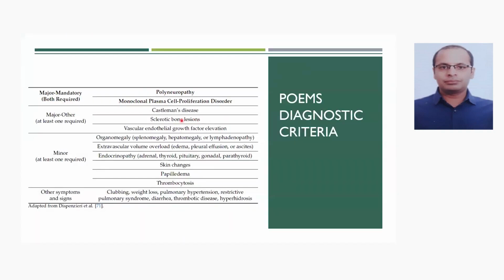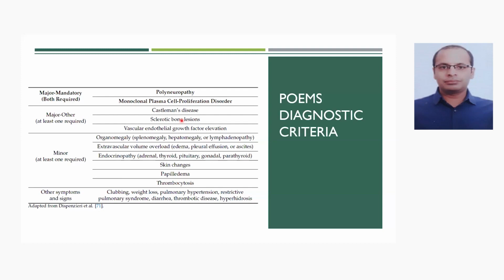So POEMS, like we said, is based on two things: polyneuropathy, that is IgG or IgA type. IgM is less common in POEMS. And a monoclonal plasma cell proliferation, usually diagnosed on the basis of SPEP and serum immunofixation. Other major criteria are Castleman disease, sclerotic bone lesion, or VEGF elevation.